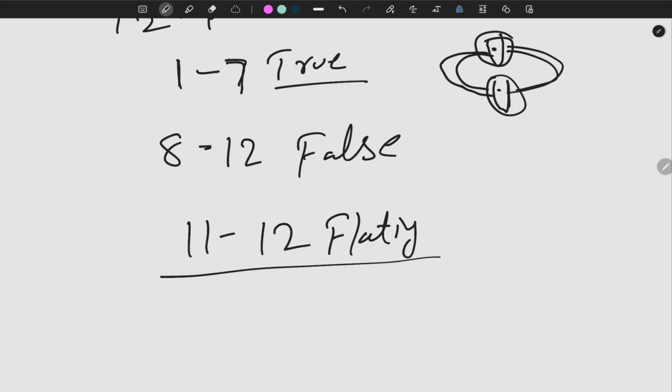Because these are the last ribs of the thorax, connected only with the vertebral column but not connected to the sternum.